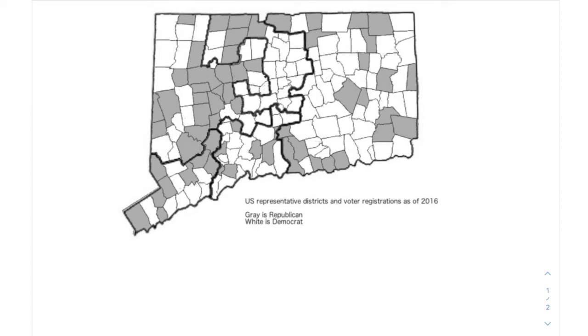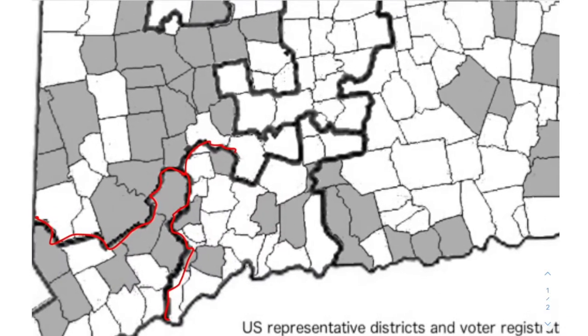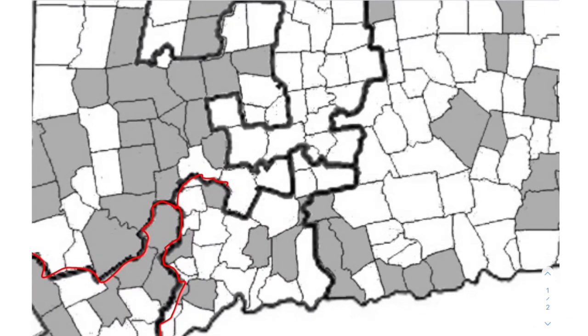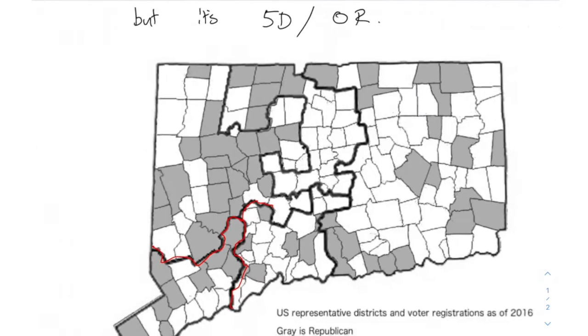And the lines dividing them are pretty strange looking, right? They're all these crazy, very wiggly lines that follow mostly along town borders, but not always. Some of them cut towns in half or cut little pieces off of towns. But anyway, that's how the map works.